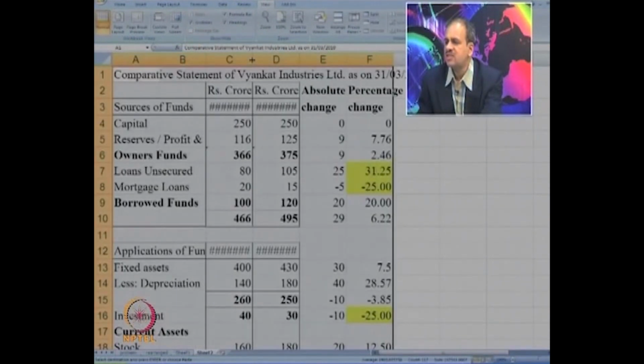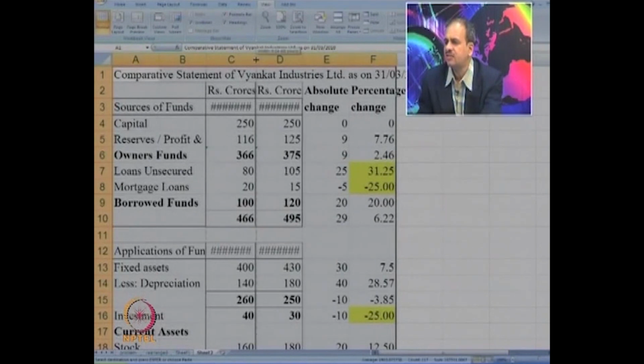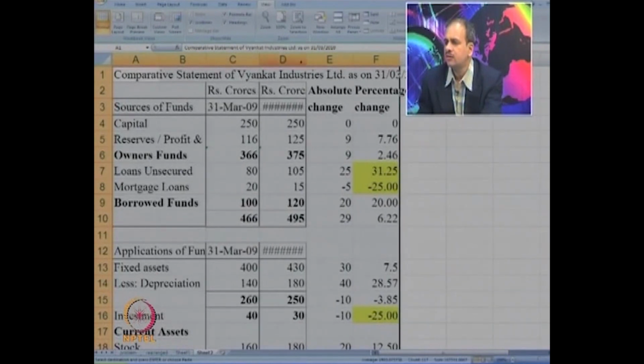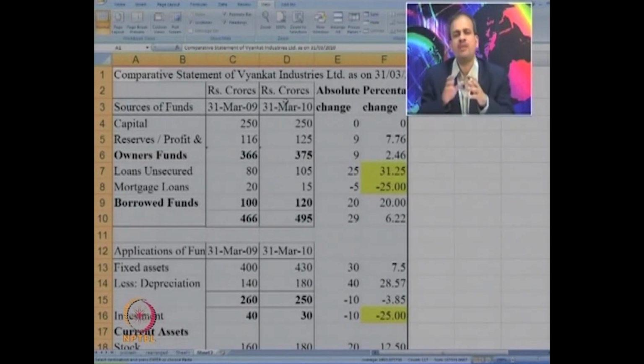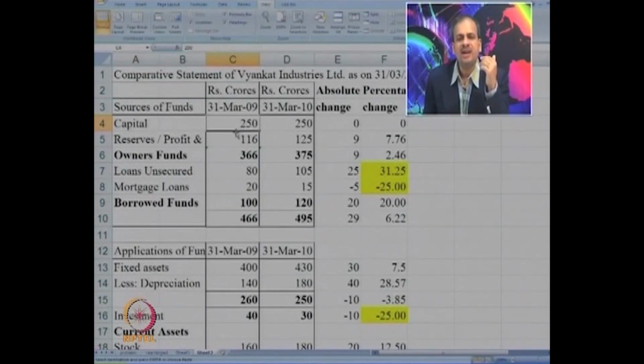Okay, so I have just copied what we had earlier. Now, instead of comparing from last year to this year, we are going to compare the figures of the same statement. So, when we look at 250 as capital, we will try to see what percentage it is of the total, that is 466.